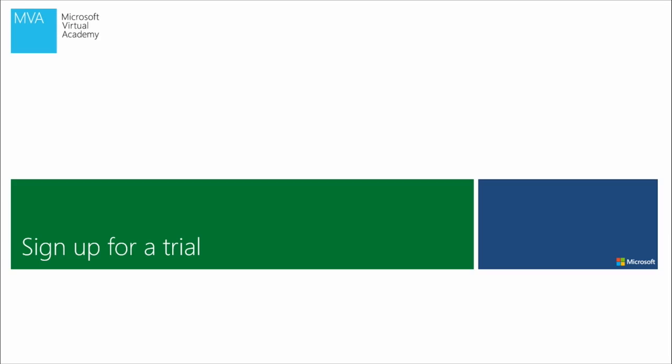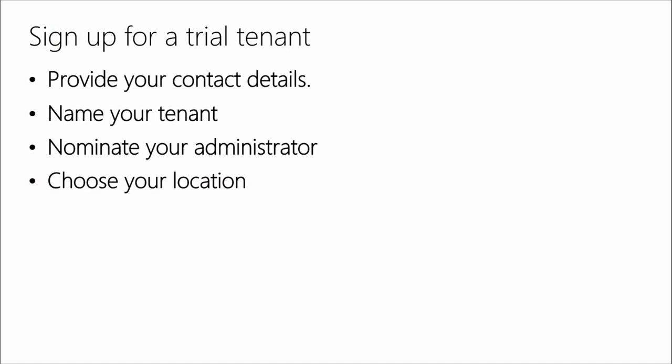So the first step is obviously to sign up for the trial, and in this section we're going to take you through the process. Part of this process, you need to provide some contact details. Obviously you need to have a super user that's outside of Office 365, so that if you want to reset the password, it will go to that mail.